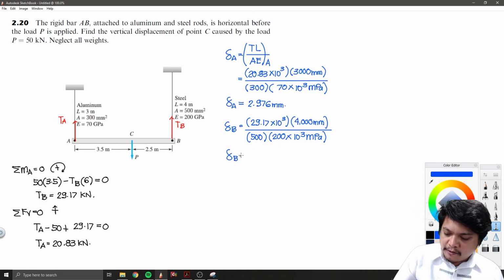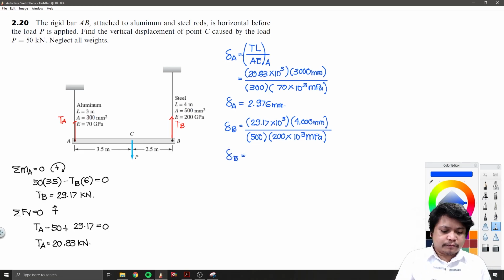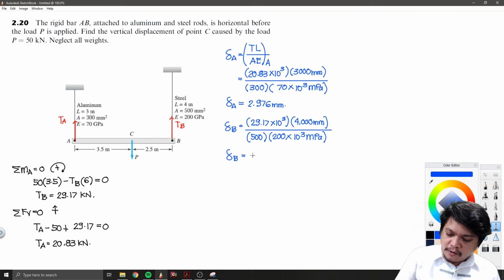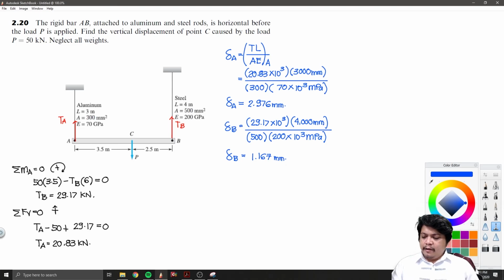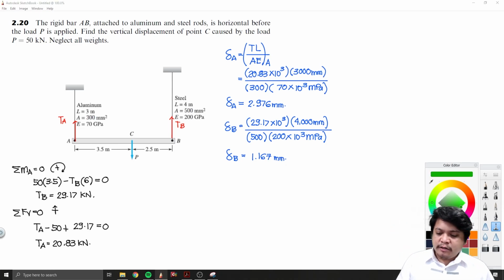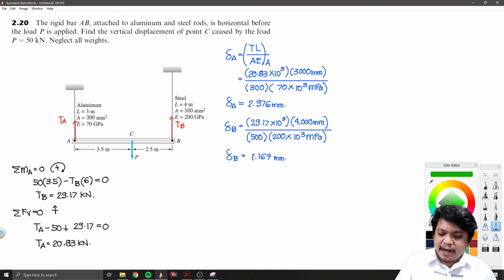So, you have now deformation at B. 29.17 times 10 to the 3 times 4,000 over 500 times 200 times 10 to the 3, or you will be having here 1.167 millimeters. Okay?